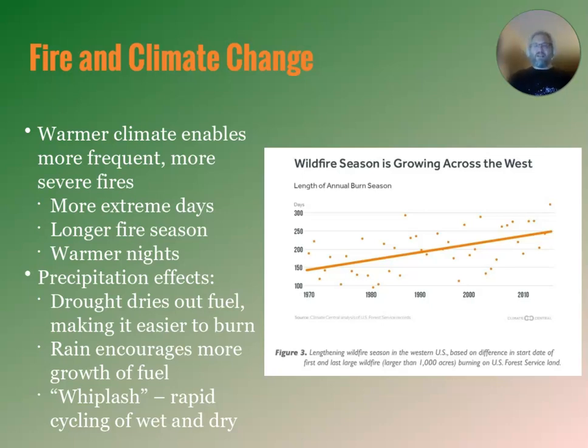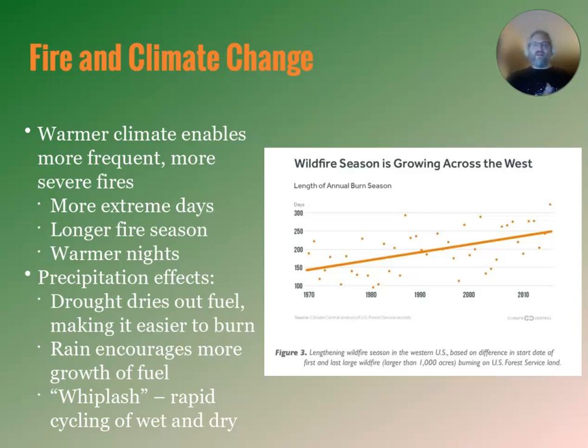So dry conditions can encourage fires, but increased precipitation actually can encourage fires too, because it enables the growth of more fuel. Because if you have no fuel, if nothing has grown there, you can't have a fire. There's nothing to burn. So rain encourages more growth of fuel, which can then fuel more fires.